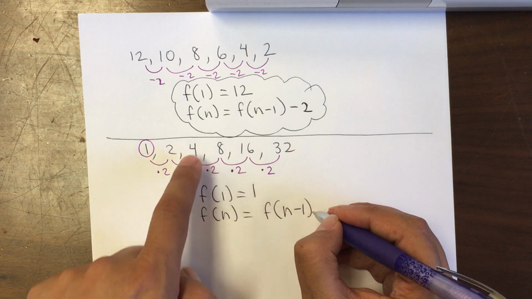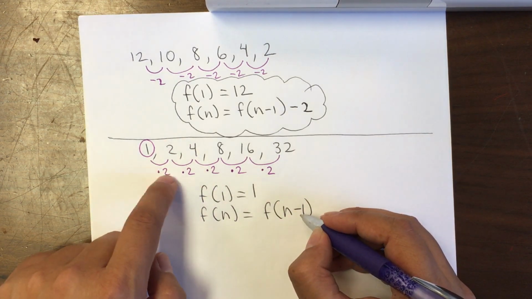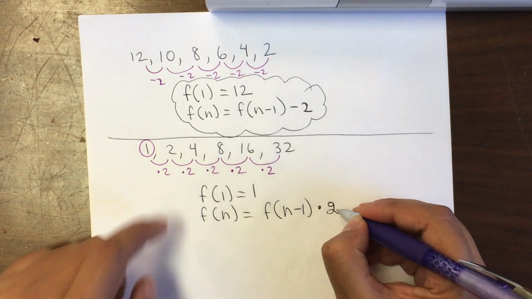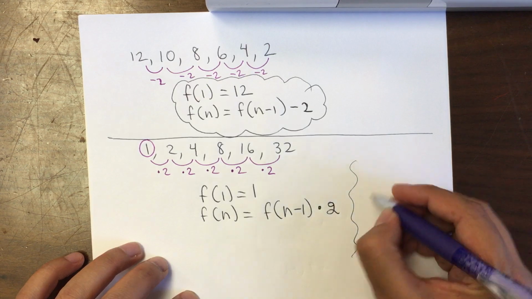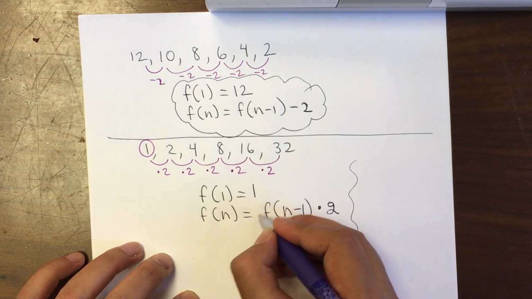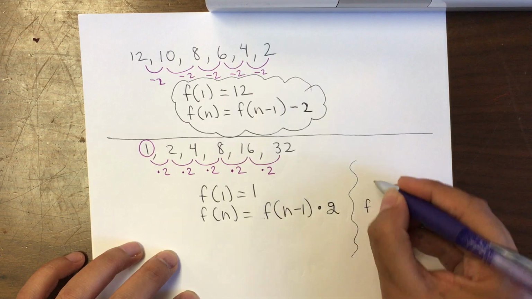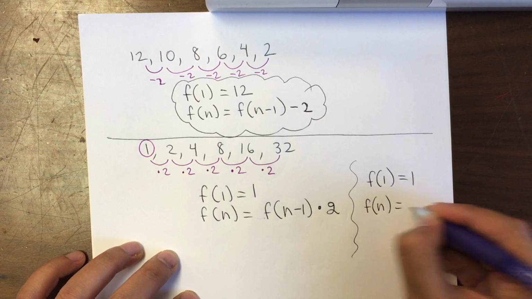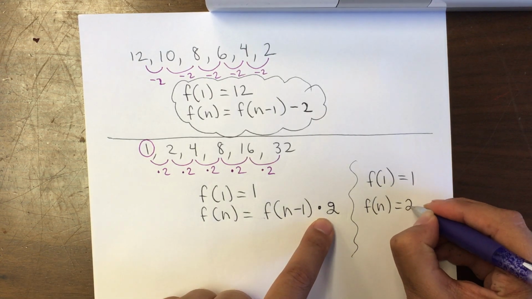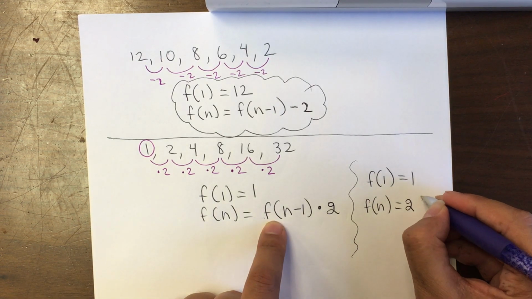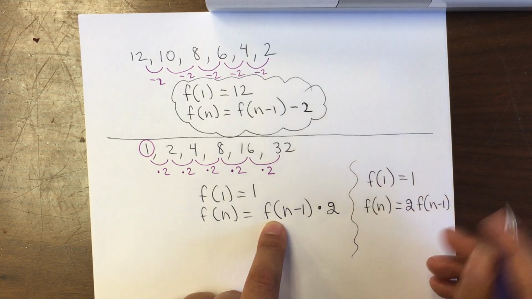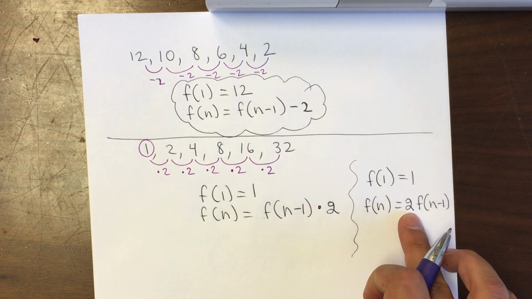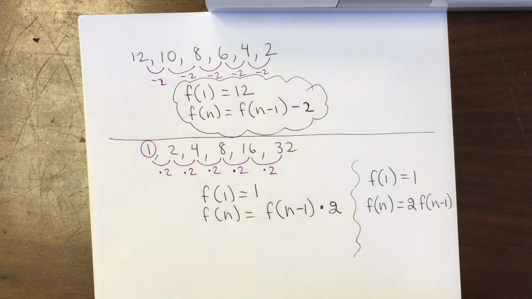This means the previous in the list, right? Multiplying it by 2. Now, if you write it this way, that's fine. But remember that sometimes you will see it with the 2 in front. Both are correct. So it's f of 1 equals 1, and f of n equals 2 times the previous one. All I'm doing is moving the 2 to the left of my previous one.